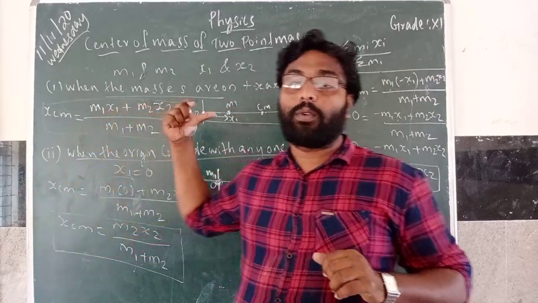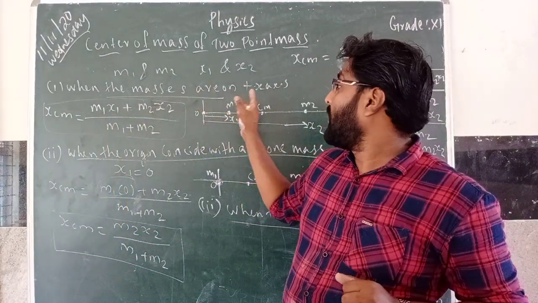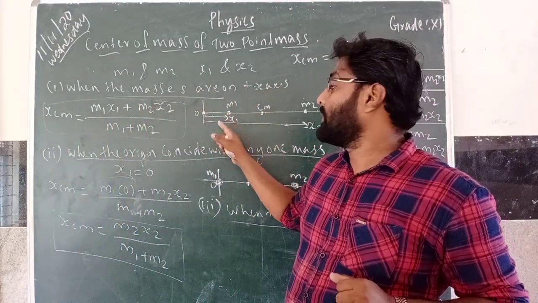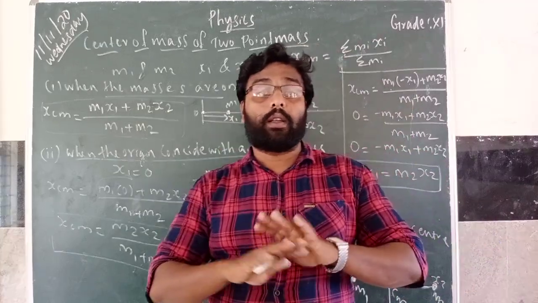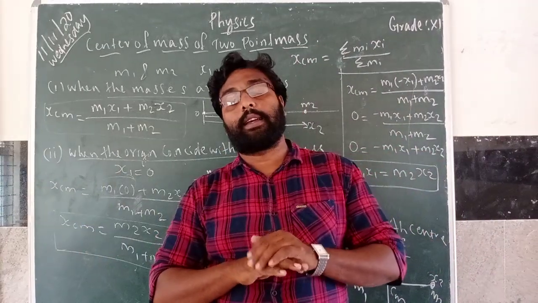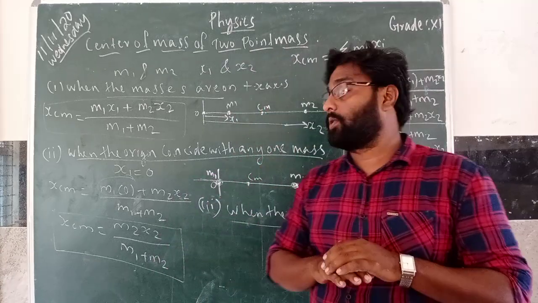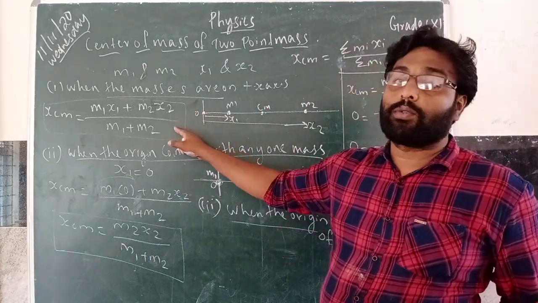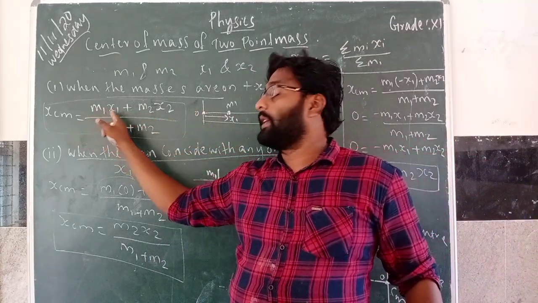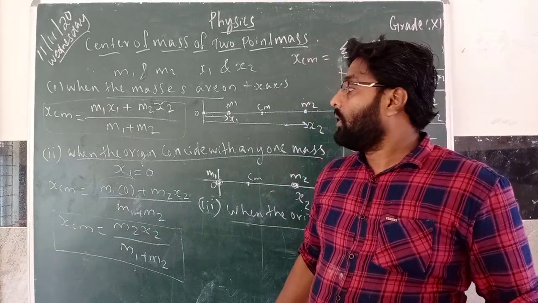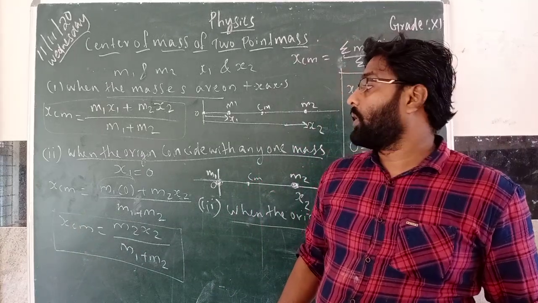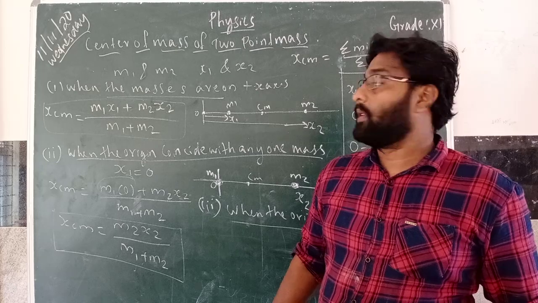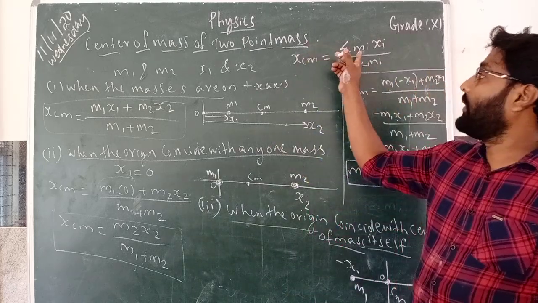First case, for that 3 ways. When the masses are on positive x-axis, 2 masses kept at positive x-axis at the positions x1 and x2, you can use XCM is equal to m1 x1 plus m2 x2 divided by m1 plus m2. The same formula only we are writing.